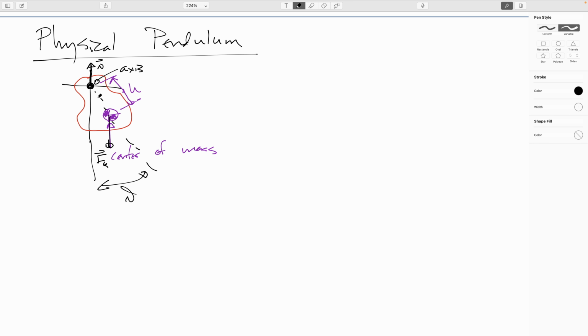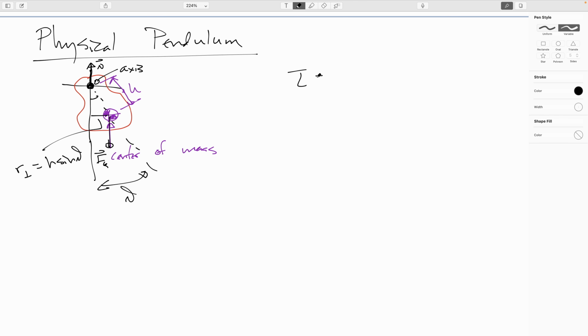Now, the normal force will exert no torque. Gravity will. This distance here will be my lever arm. So if this angle is theta here, my lever arm, our perpendicular, will be equal to h sine theta.